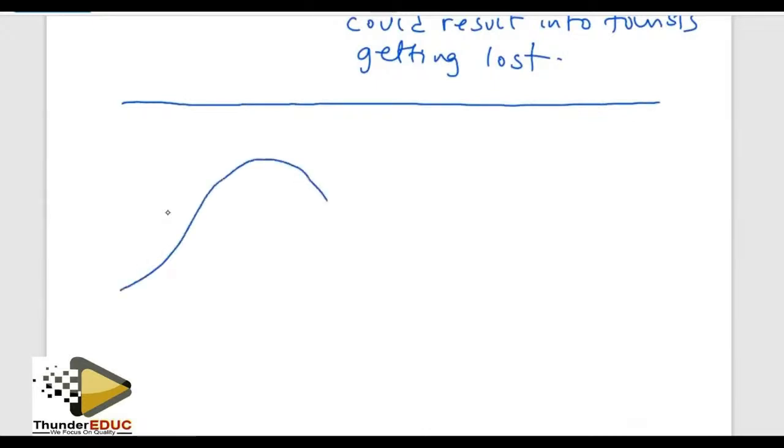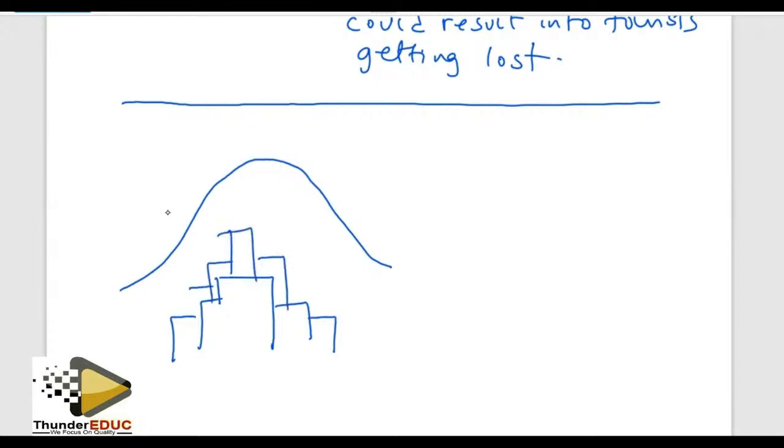So this is a pollution dome at night. This is our city with tall buildings. This could be the CBD in the center.